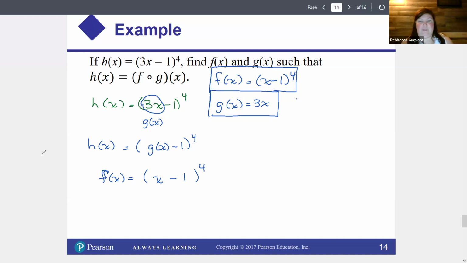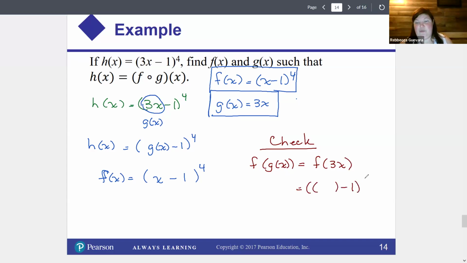Once again, let's check to make sure that would actually work. f composed with g. We're saying now that g is just 3x. We said f is going to be (x minus 1) to the fourth, but replace x with 3x.